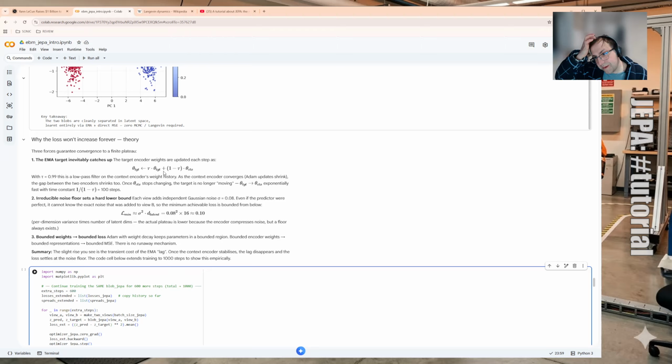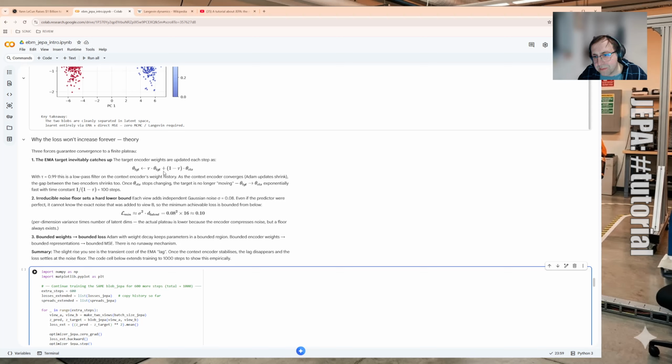The first reason is the EMA convergence. When you choose tau equal to 0.99, the effective time constant is 100 steps. So once the context encoder's Adam update shrinks as it converges, the gap between the two encoders closes exponentially fast.